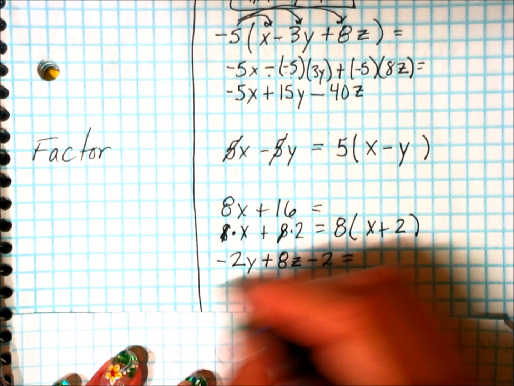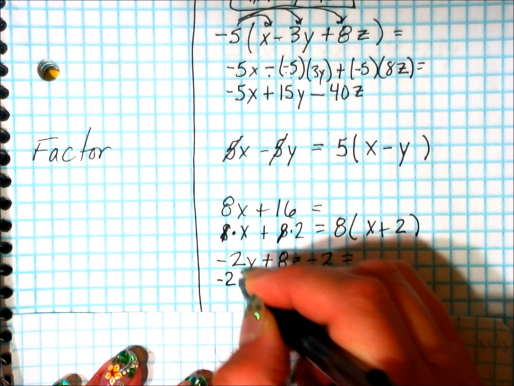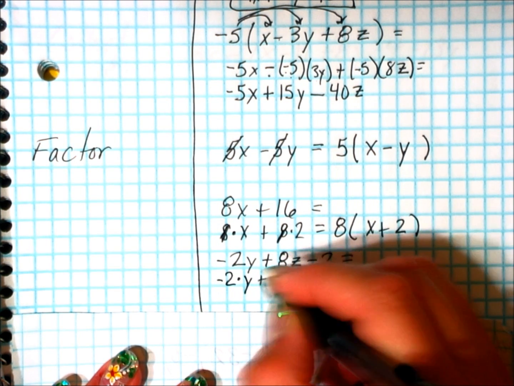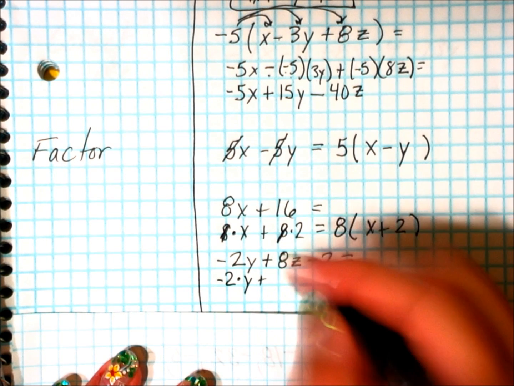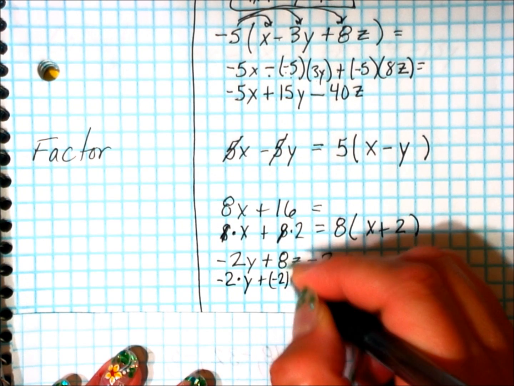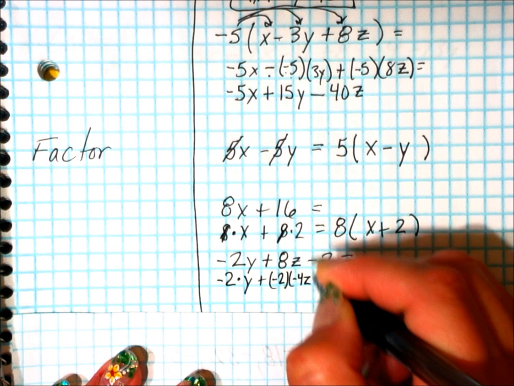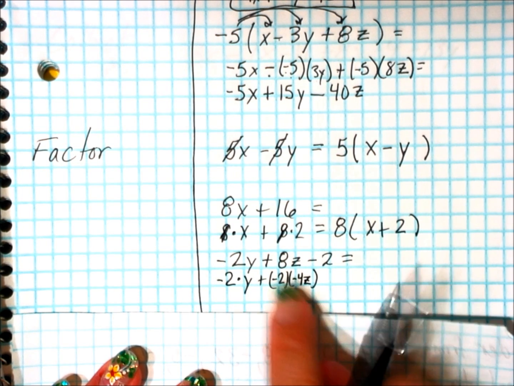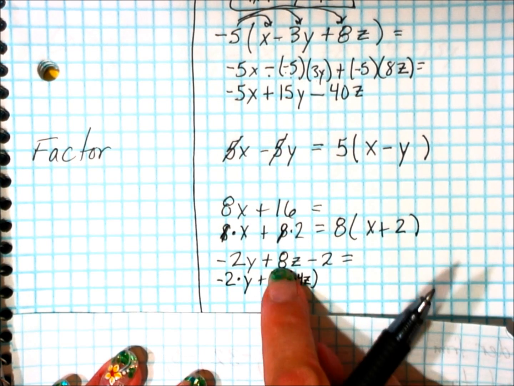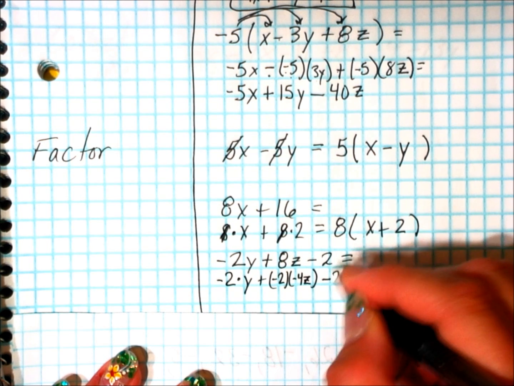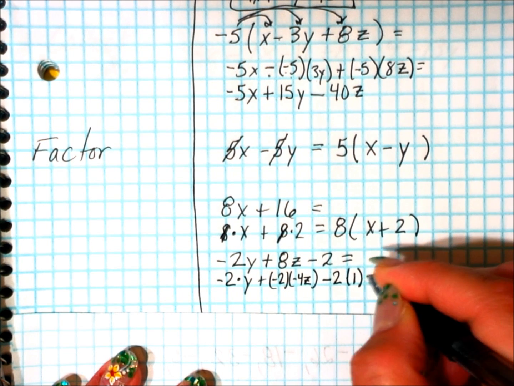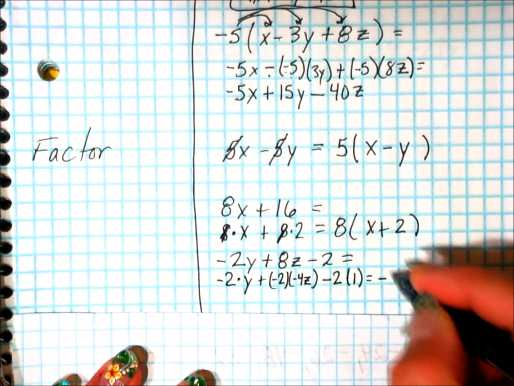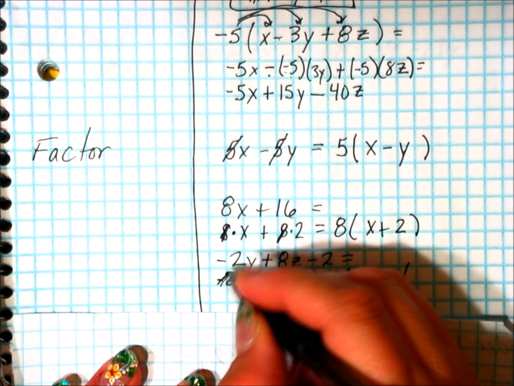So let's go ahead and do -2. So this is -2 times y plus, to get 8z, I need -2 times -4z. Negative times a negative gives me a positive. 2 times 4 is 8. Here, -2 times 1. So if I take that -2 out, go back and cross it off.